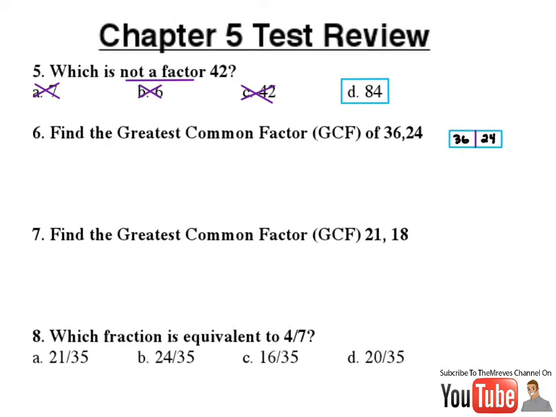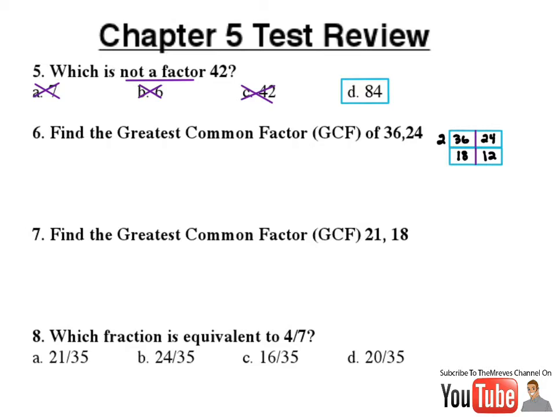And I ask myself, what's the smallest number that goes into 36 and 24? And we know that they're both even, so we know that 2 goes into it. And so then I'm going to put my next step of ladders down. And say 2 goes into 36 18 times, and 2 goes into 24 12 times.